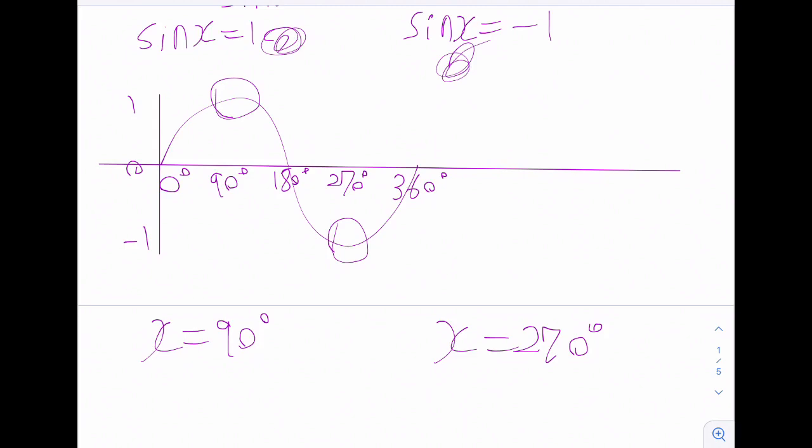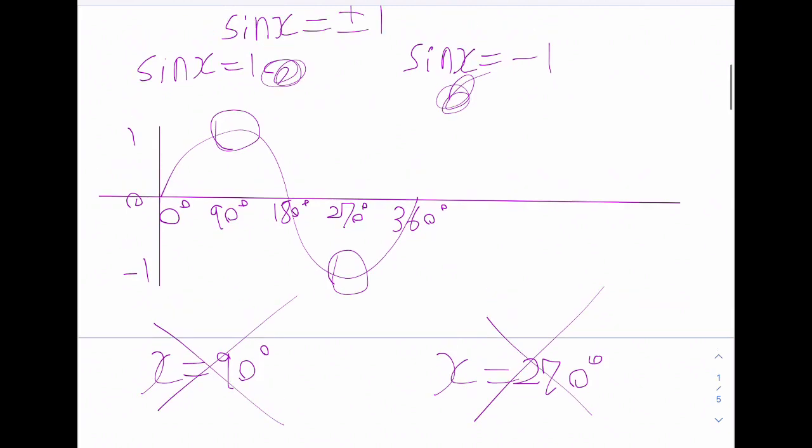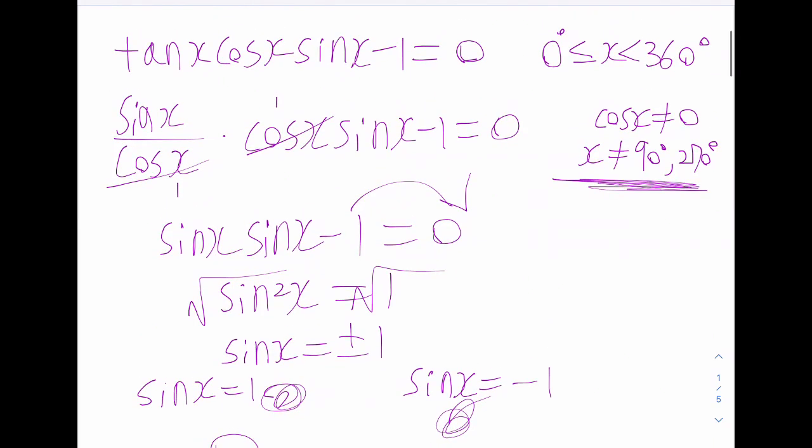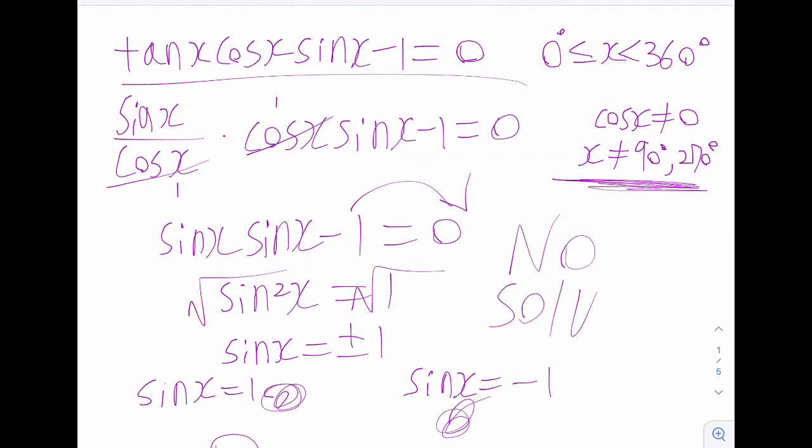So therefore we must reject these two answers. For this trigonometric equation, we say that there are no solutions, and that will be our answer.